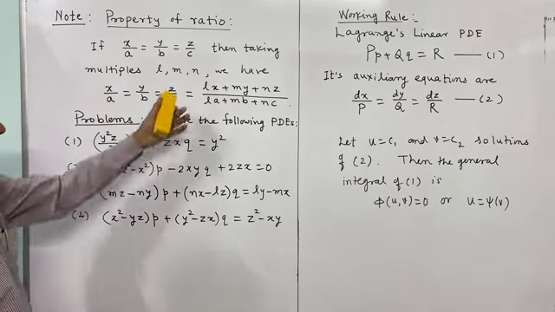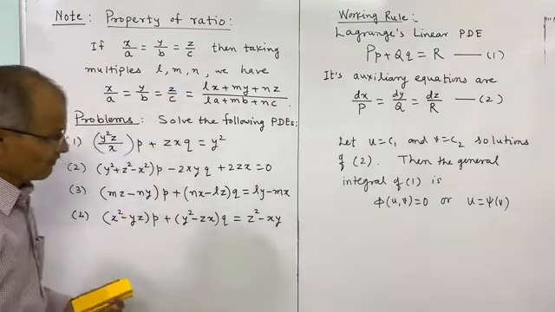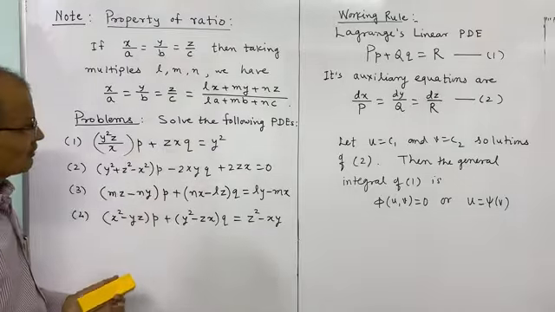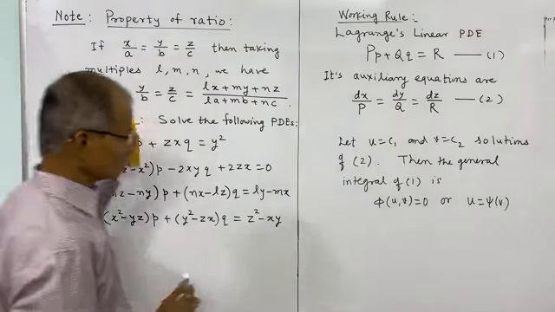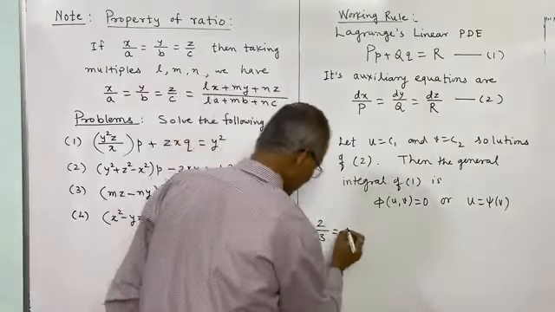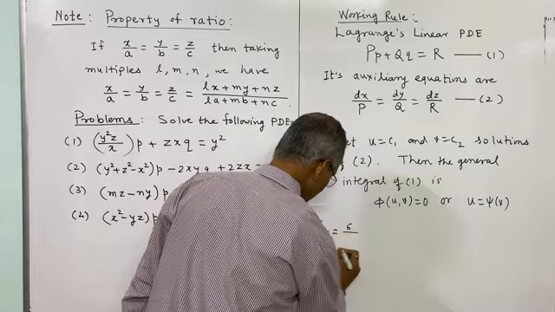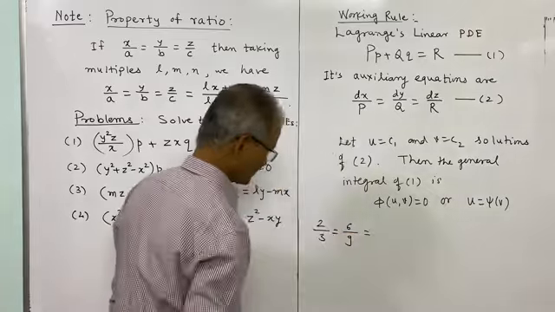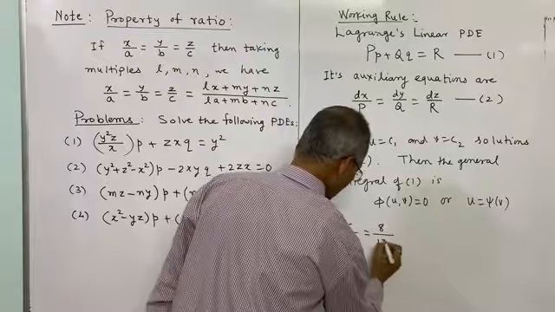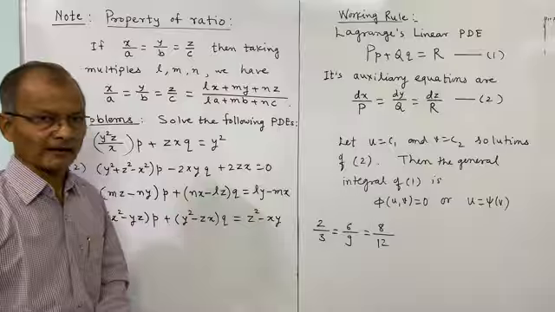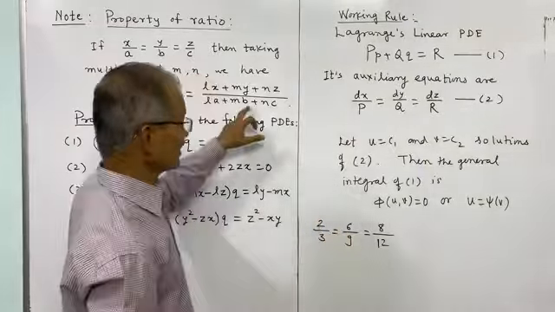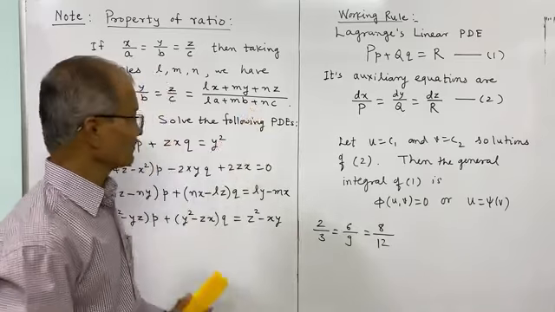For example, if we take the ratio 2 by 3, which is the same as 6 by 9, you can take any numbers as multipliers, multiply these respectively and verify this property.